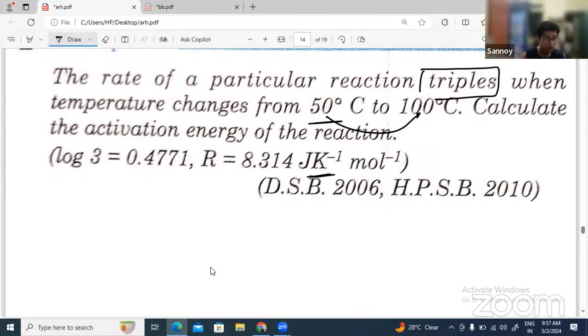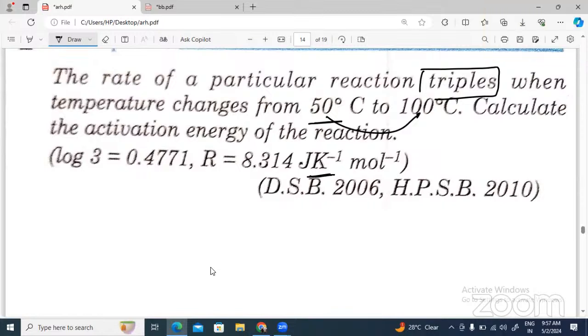T2 equal to 100 degrees centigrade equal to 100 plus 273 equal to 373 Kelvin.